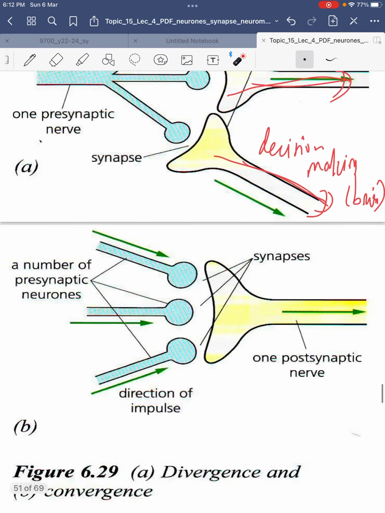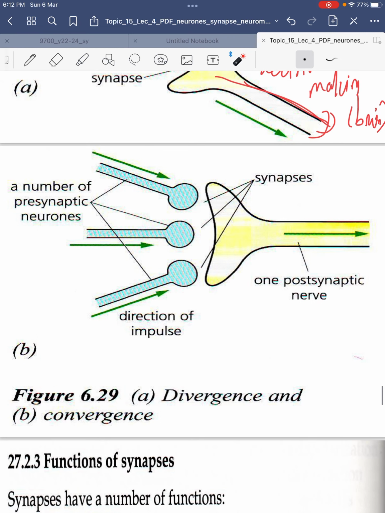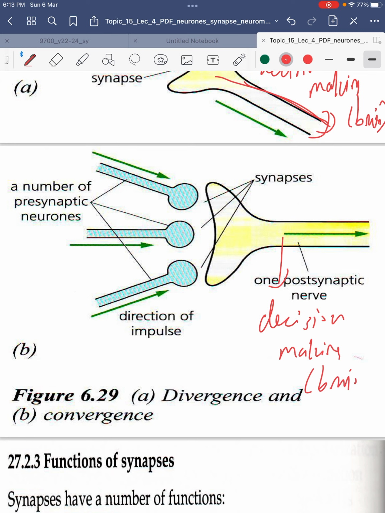And the same thing with this one here. Decision making is always in the brain. In order to make a decision, you need to receive stimuli from different senses.